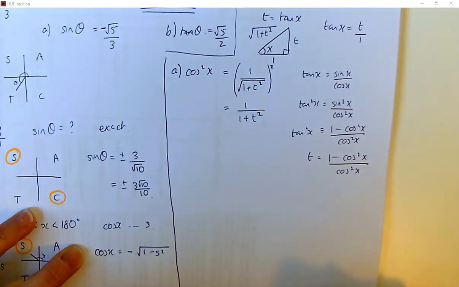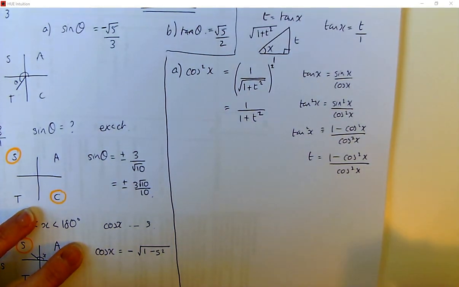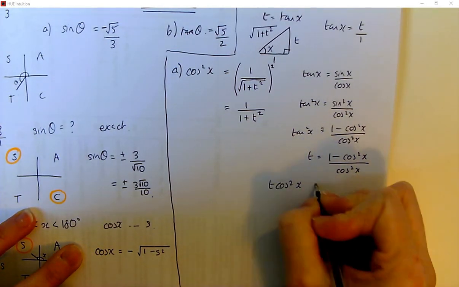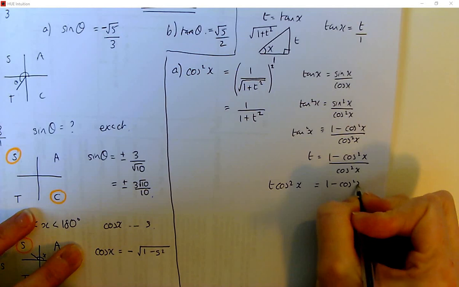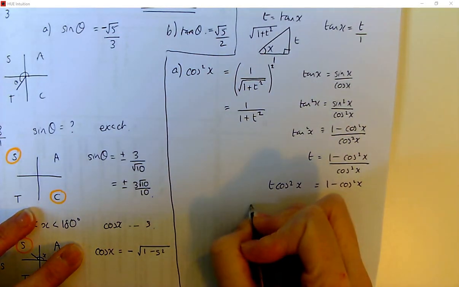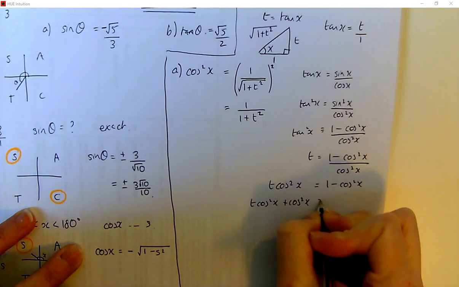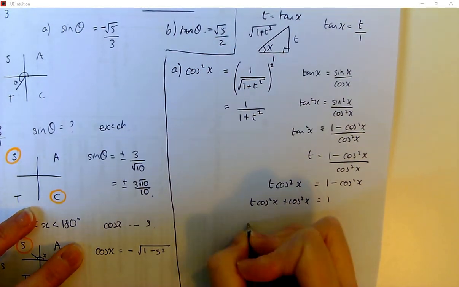Now all I need to do is make cos squared the subject, so let's multiply through by cos squared. Let's move all the cos squareds to one side. Well, let's factorise.